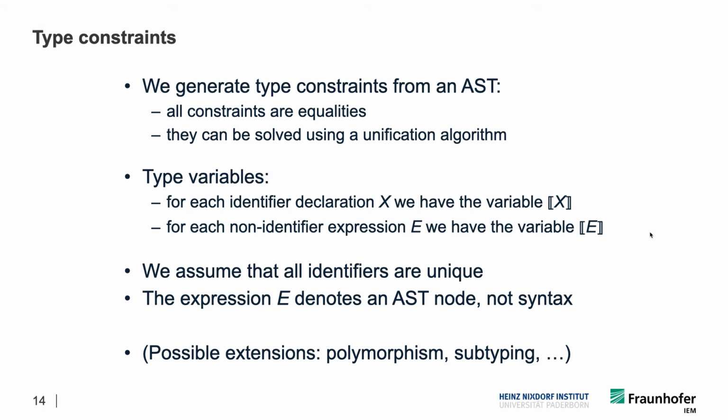We also make the assumption that all identifiers are unique so that they can be distinguished by the unification algorithm. And we also assume that the expression E really denotes an abstract syntax tree node, so not concrete syntax. That just allows us to basically operate directly on types and not on concrete values. Because, for instance, if you're talking about an integer, you want to talk about any integer and not just about its concrete value, because that's not important here.